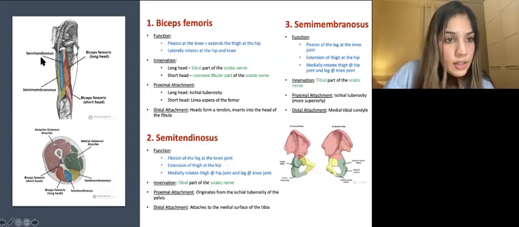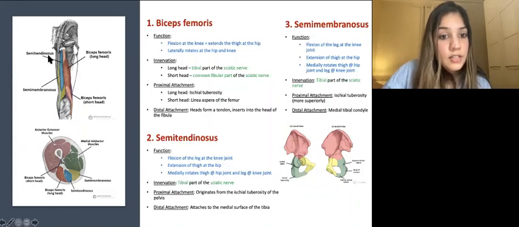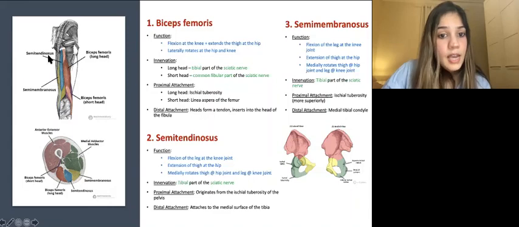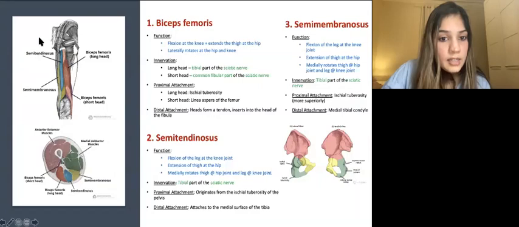And then we've got the semitendinosus muscle, which functions to flex the leg at the knee joint and extend the thigh at the hip. It also medially rotates the thigh at the hip joint and leg at the knee joint, and it's innervated by the tibial part of the sciatic nerve. Proximally, it attaches again from the ischial tuberosity of the pelvis.